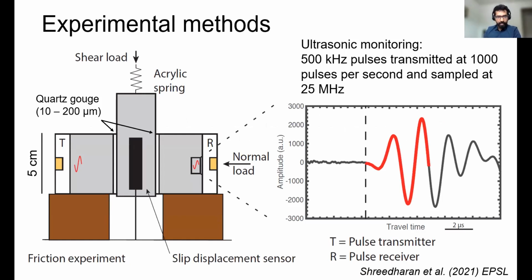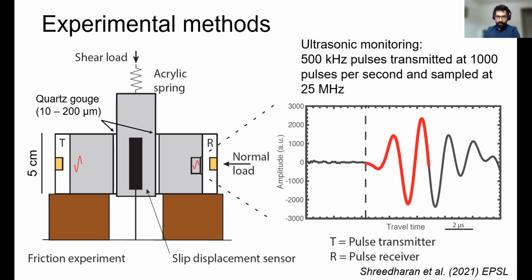To do this, we are running some lab experiments and generating earthquakes, which I'll call lab quakes. These lab quakes that I'm going to discuss are generated in a custom rock deformation rig at Penn State, which is where I did my PhD. It's a dual-axis servo-controlled hydraulic press where you have a fault normal load applied along the horizontal axis and a constant strain rate applied on the vertical axis.